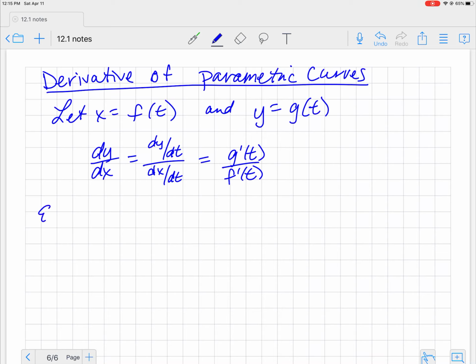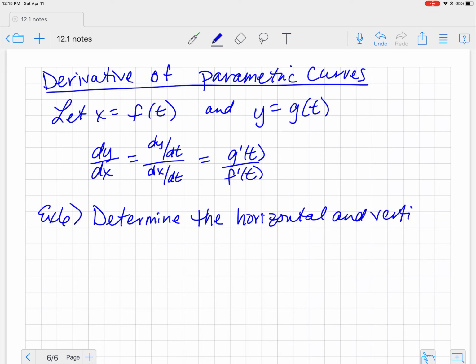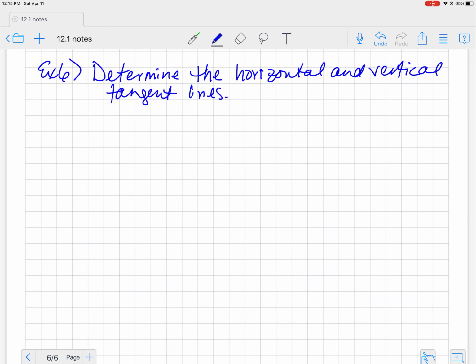Okay, so let's do it right now. If I have example 6 here, I want to determine the horizontal and vertical tangent lines. So for this, here's A: x equals t and y equals 2 square roots of t for t greater than or equal to 0. Sweet. When I find my derivative, you know your horizontal and vertical tangents.